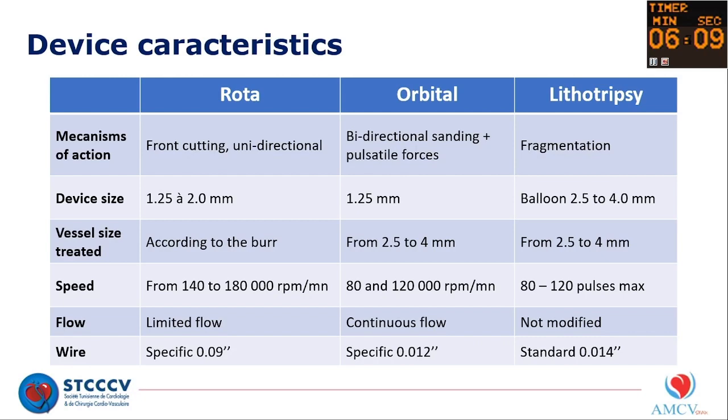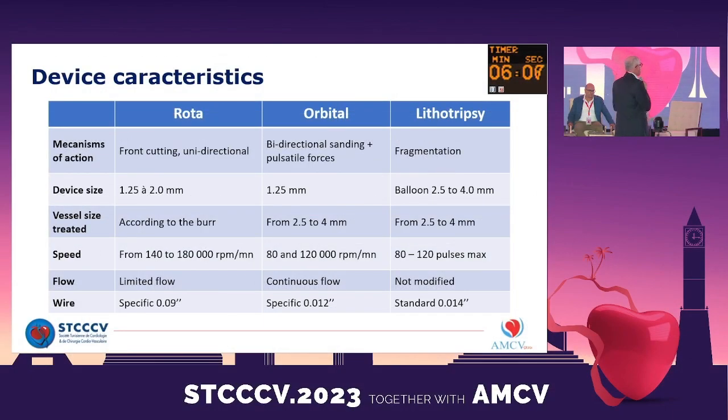So on this slide, I summarize the different characteristics of the three devices. You see the rotablation in terms of mechanism of action: it's a front cutting, only unidirectional action. So there is a risk of trapping the burr in a very calcified lesion.